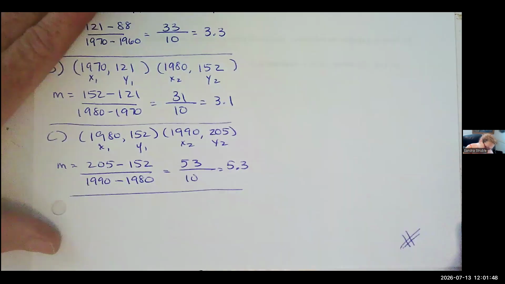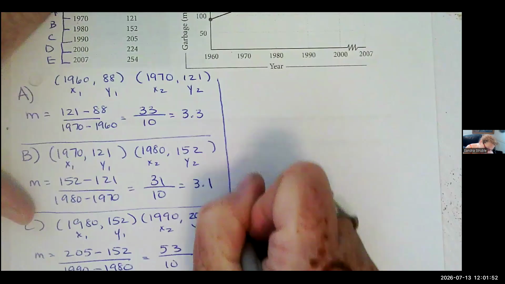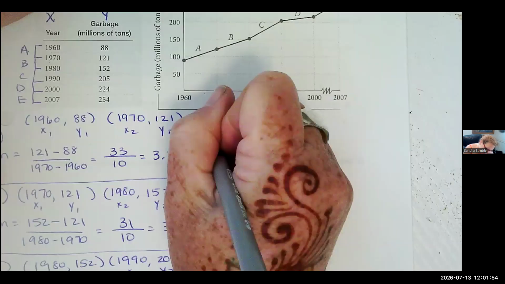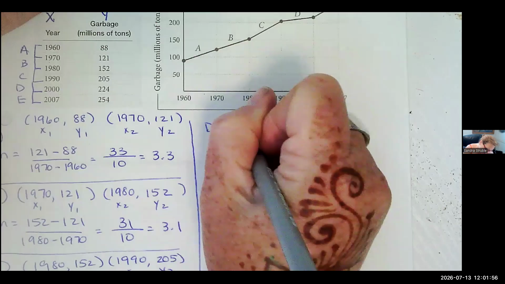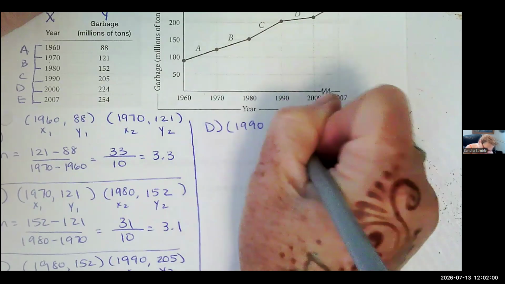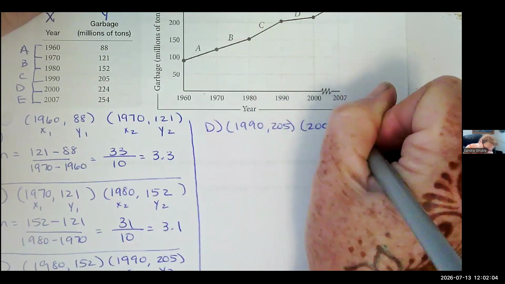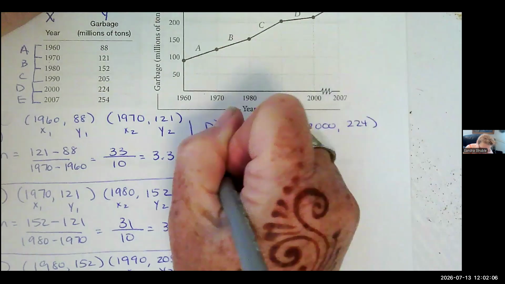And then let's go find D and E. D is from 1990, which had 205, to 2000, which had 224. X1, Y1, X2, Y2.